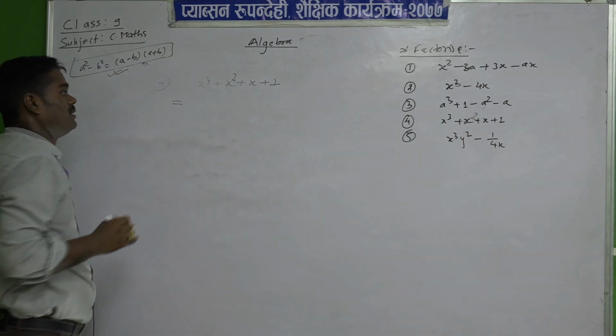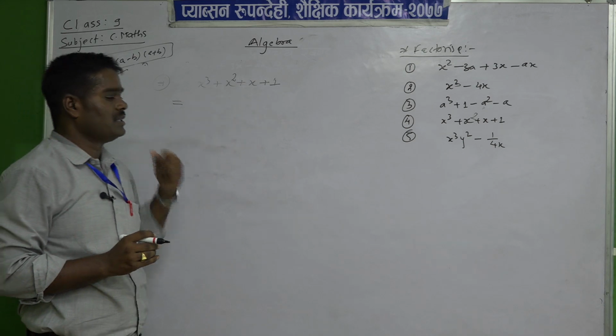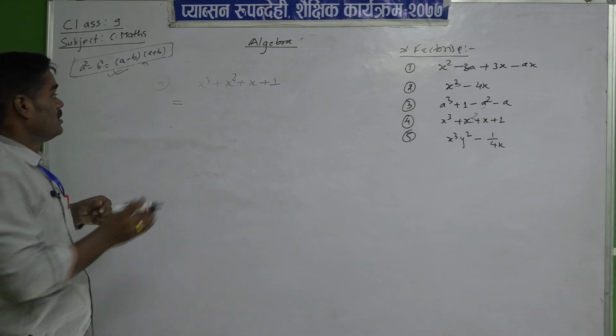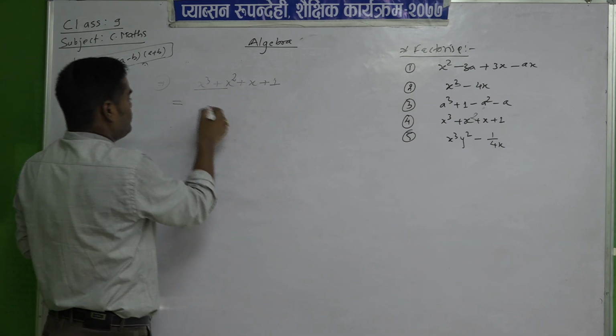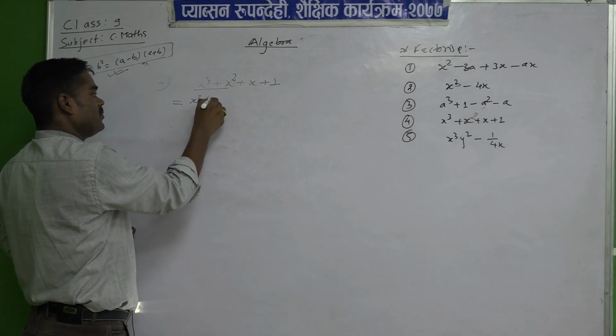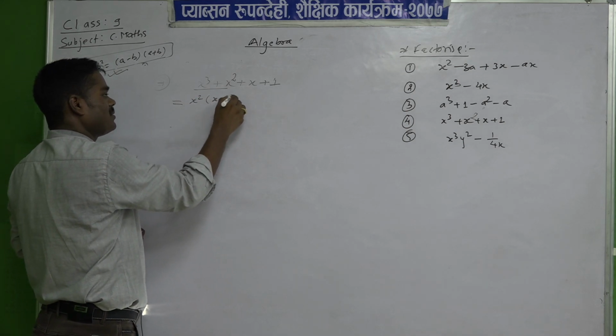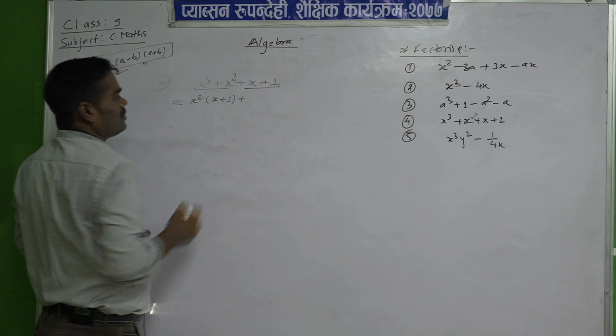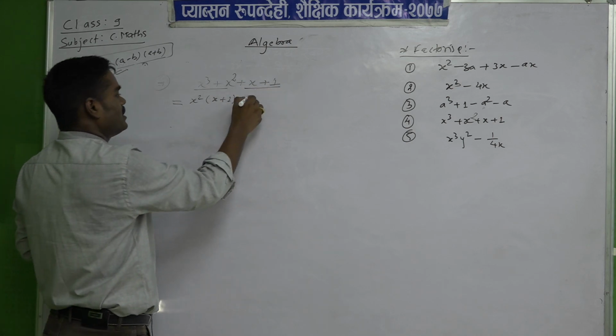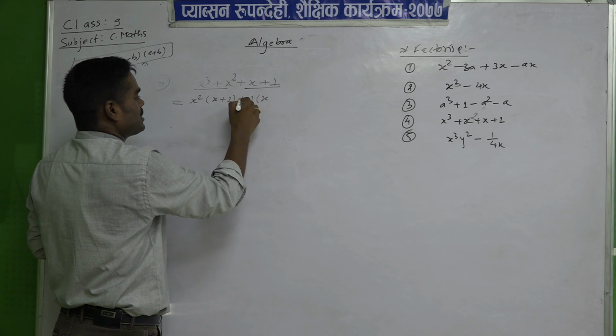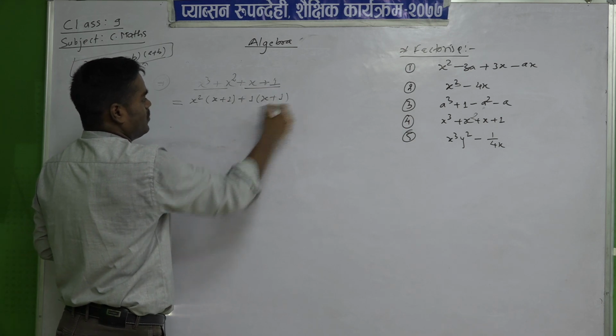Again in the same way, in between two terms we have to take the common factor. So what is common here? In between two terms, x square is common. What is left? X plus 1. And then what is common in the other two terms? 1 is common, so x plus 1.